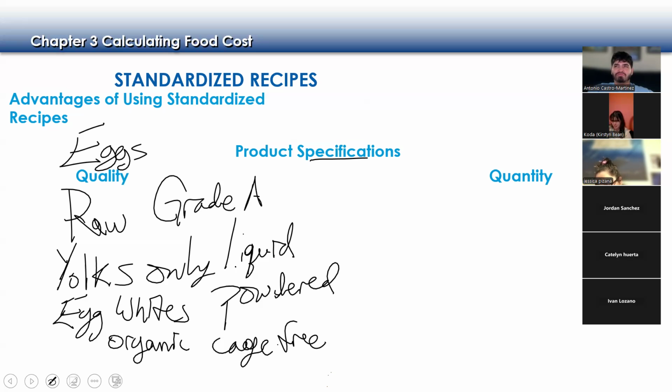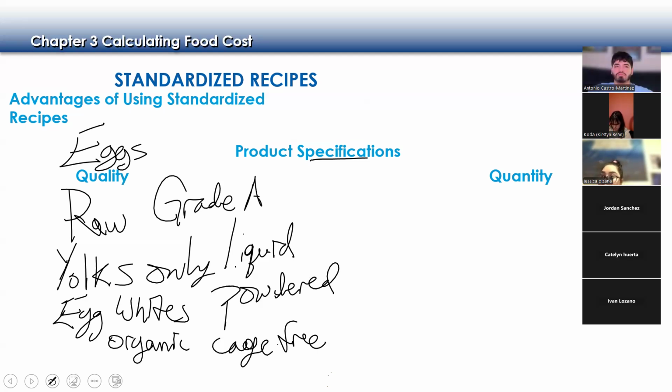So yeah, what kind of animal is it? Is it a chicken? Is it a turkey? Is it a quail? Is it a duck? Okay. So good. Our recipe will tell us this. If I'm making poached eggs, can I use liquid eggs to make poached eggs?